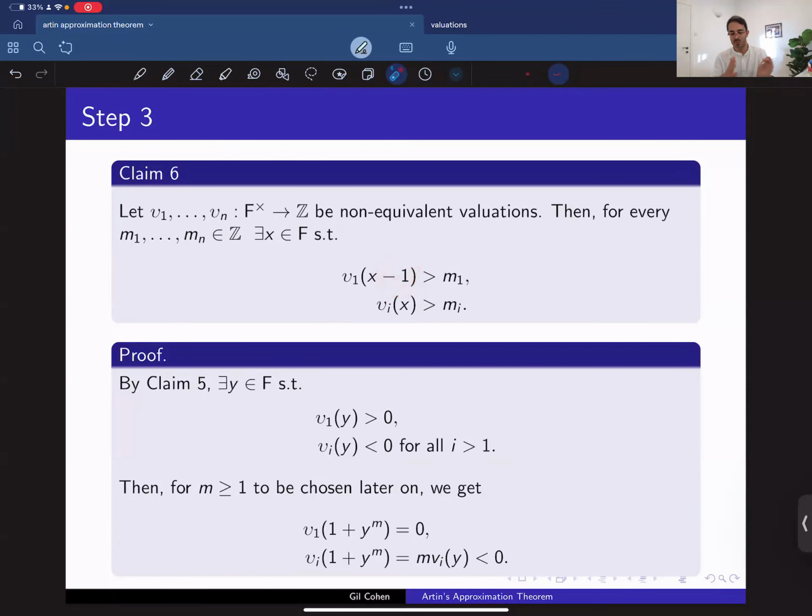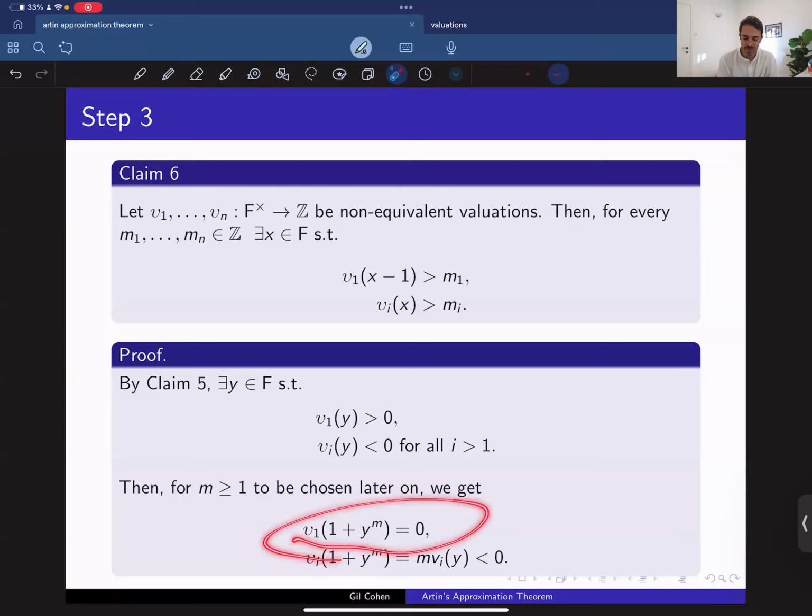And now we want to move things around a little bit, right? So again, for an m larger or equal than 1 to be chosen later, what I'm claiming is that, no matter how you take this m, V1 of 1 plus y to the m is 0.